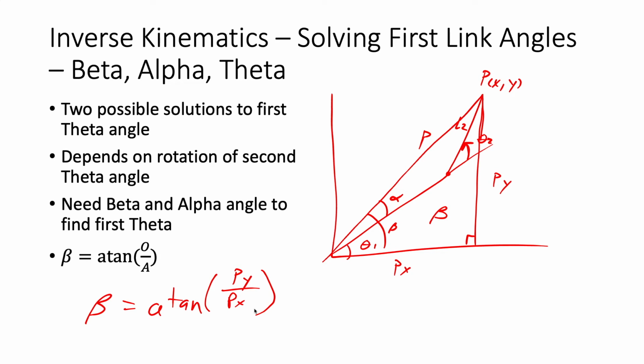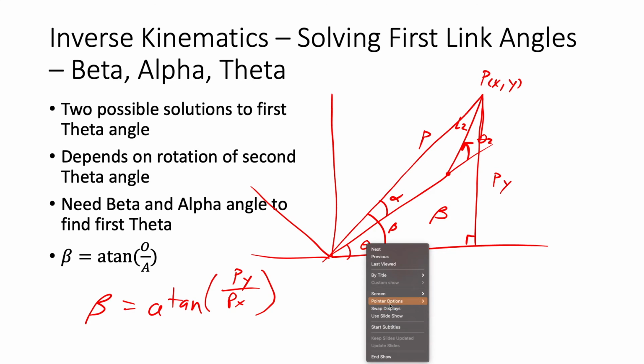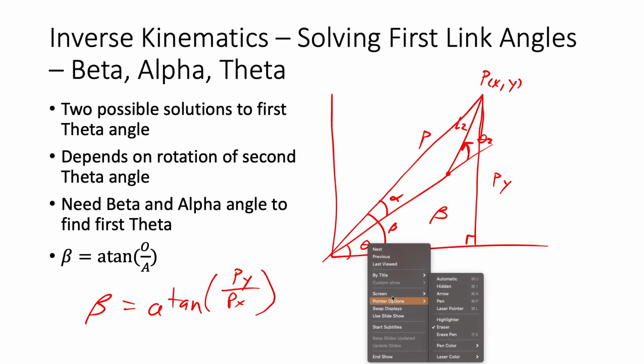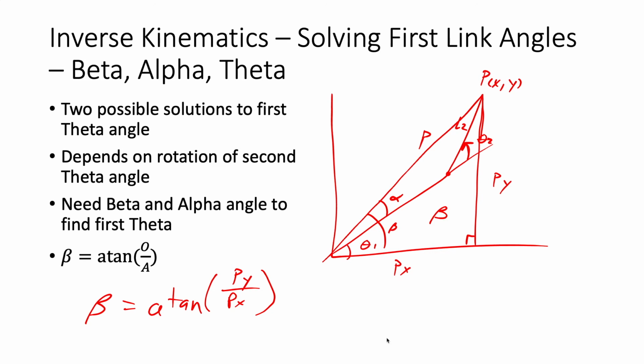And this again is going to be different in different quadrants. So you have to think about which quadrant you're in and solve for it accordingly. That's how you would do it in quadrant 1, and it's really not that difficult to adjust for other quadrants.